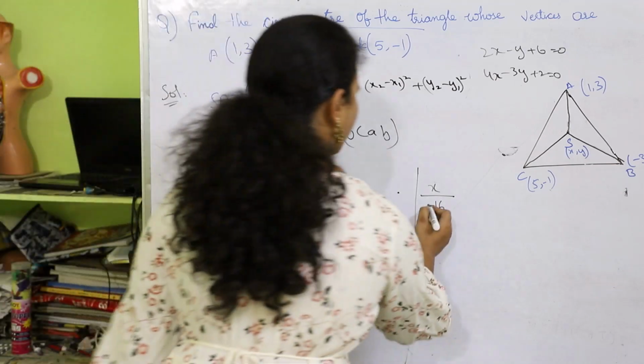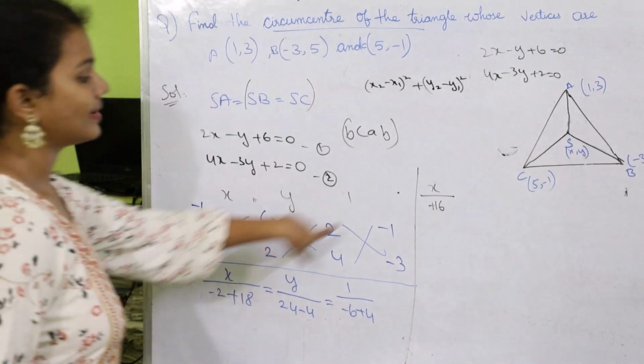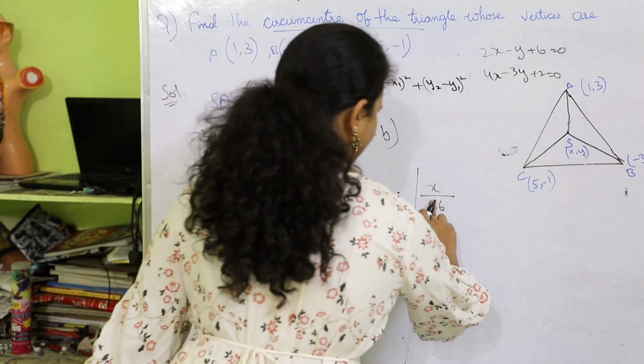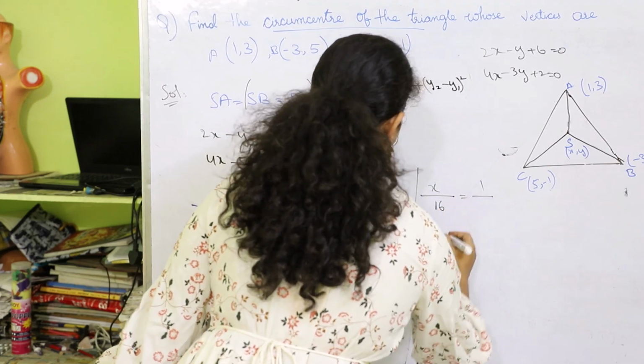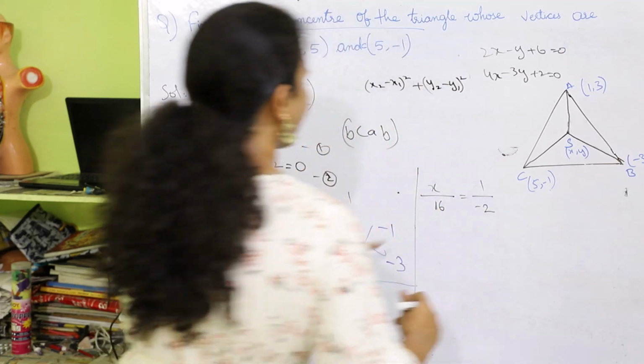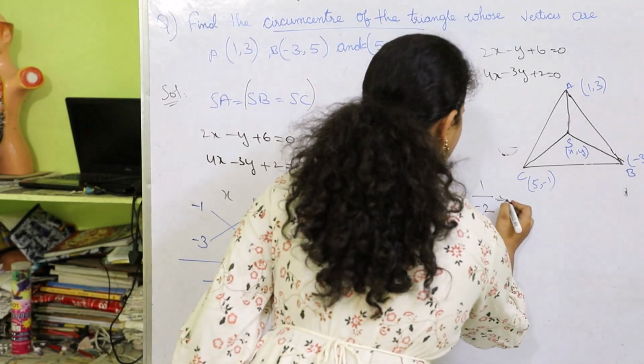It's minus 2. We'll be getting plus over here. I mean here you have plus 18 minus 2. This gives plus 16, not minus 16. Plus 16, which is equal to 1 by minus 2. Clear? x by 16 is equal to 1 by minus 2.